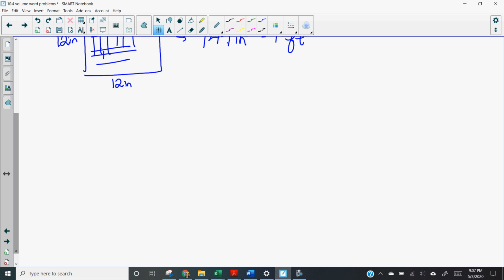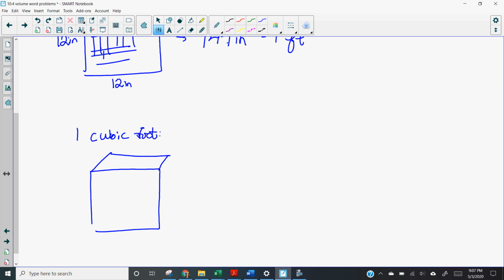Similarly, but let's take it a step further here. If we're working with cubic foot, so 1 cubic foot looks like this. Draw a cube with me. And let's put the dimensions on there. So instead of putting 1 foot by 1 foot by 1 foot, I'm going to put 12 inches by 12 inches by 12 inches. Now let's think about the volume of that in cubic inches.